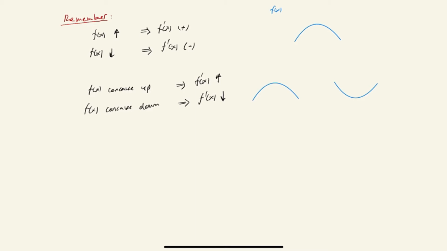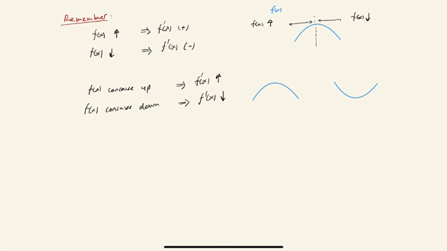So notice this. The blue graph is the function f of x. Now I'm going to split that into two segments, left and right. On the left segment, f of x is increasing, and then on the right side, f of x is decreasing.